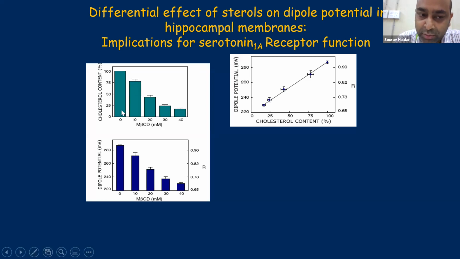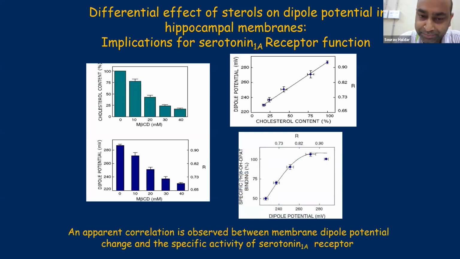And what we did is we selectively took out cholesterol using methyl beta cyclodextrin, which is a drug which can selectively take out cholesterol, leaving other phospholipids back in the membrane under specific conditions. Similarly, we can also put back some of the sterols or cholesterol, again at specific conditions.